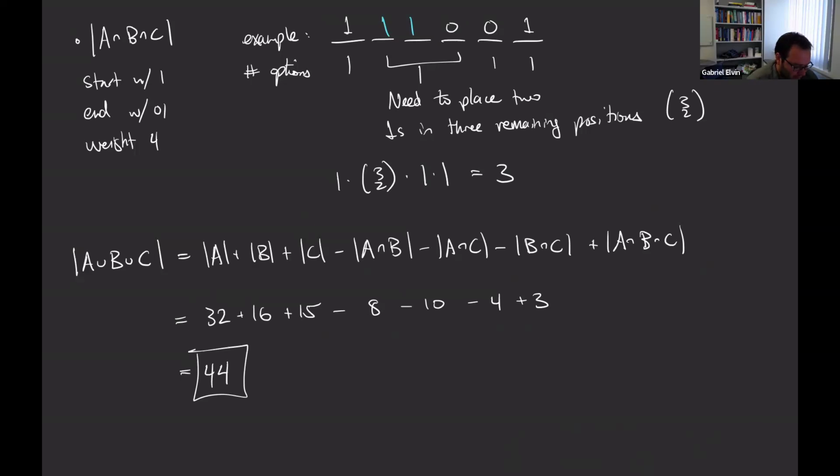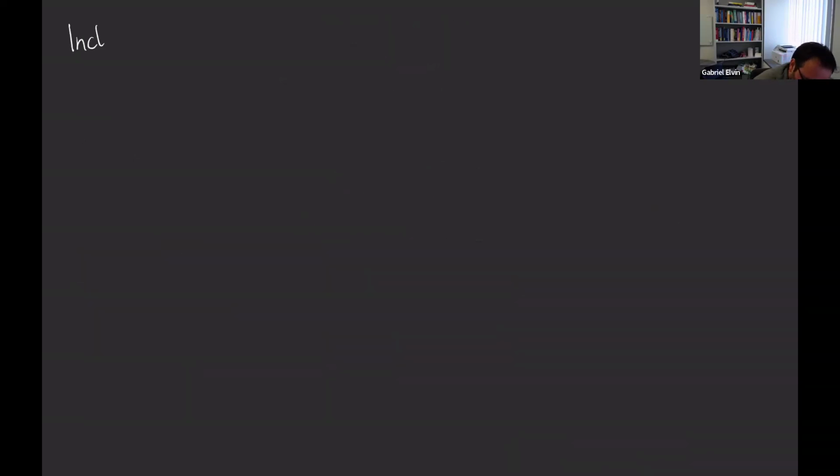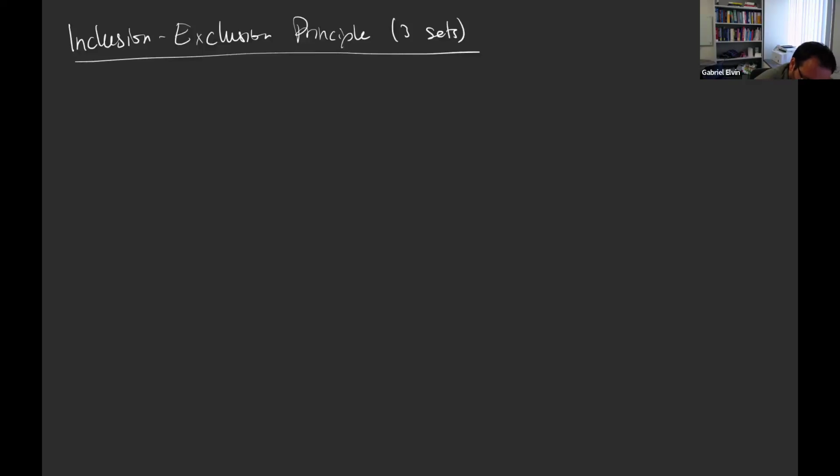So again, just to recap, the inclusion-exclusion principle for 3 sets. So for any finite sets A, B, C, we have the following.